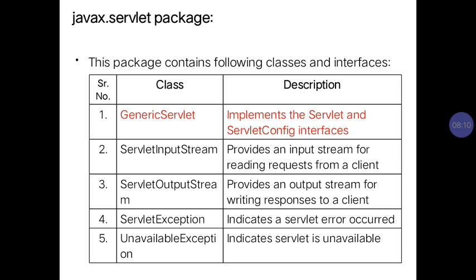ServletOutputStream provides an output stream for writing responses to a client. ServletException indicates a servlet error occurred. UnavailableException indicates the servlet is unavailable. So these are the main classes from javax.servlet. Out of these, for basic servlet programming, we are using GenericServlet.